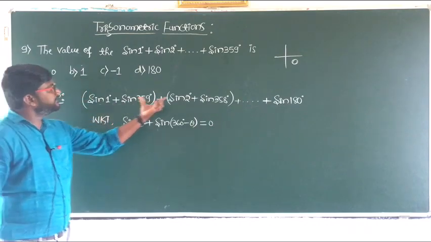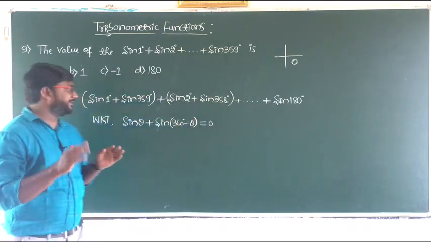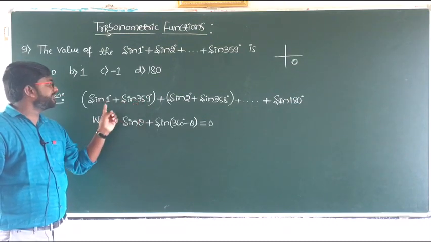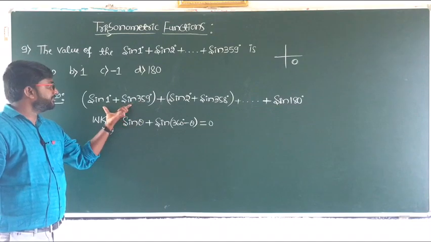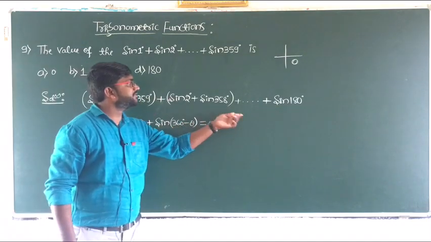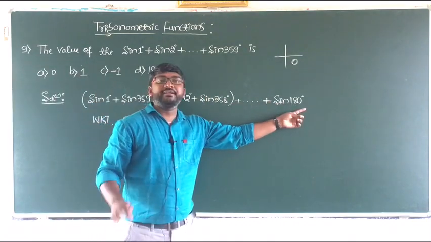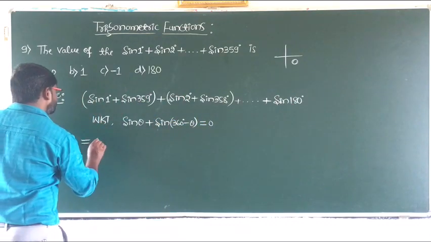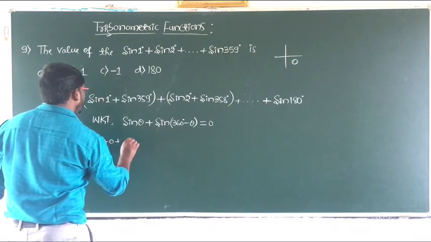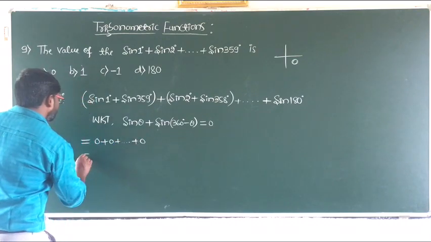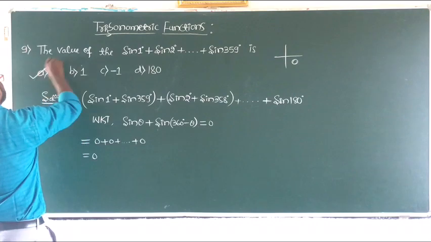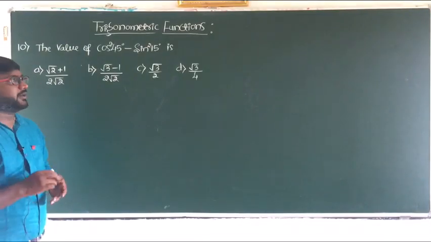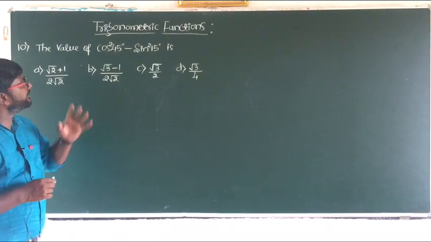So these pairs are of the form sine theta plus sine 360 minus theta; 360 minus 1 is 359. Hence this will be 0, 0 plus so on. Sine 180 is always 0. So the answer is 0 plus 0 and so on, so it will be 0. Hence, option A.